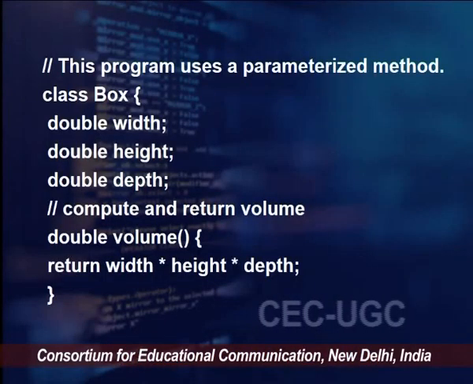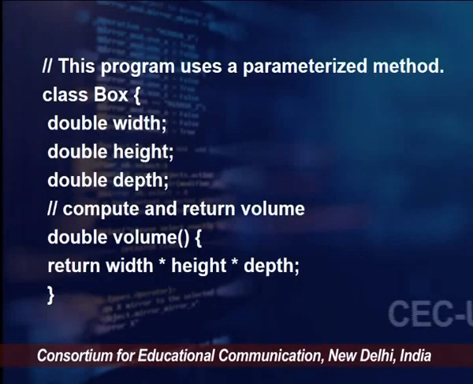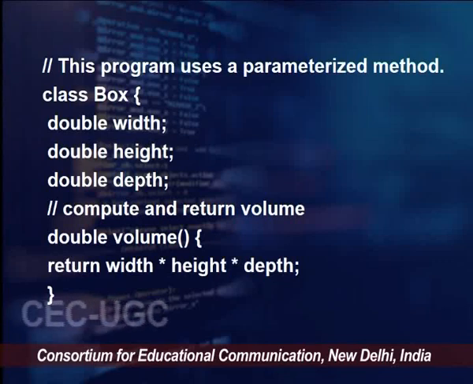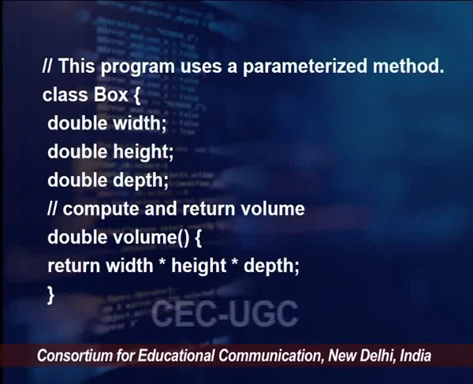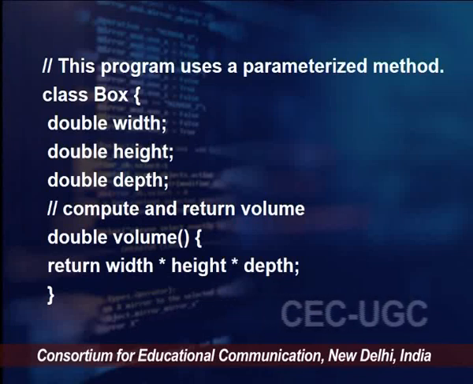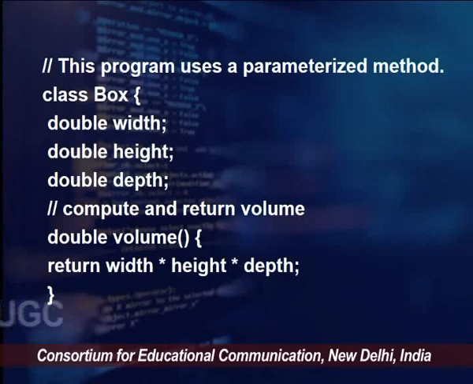Now, in order to see how a parameterized method is going to work, let us see this program. Here we have class Box with double width, double height, double depth declared. Volume here returns a double value, which is a multiplication of width, height and depth.